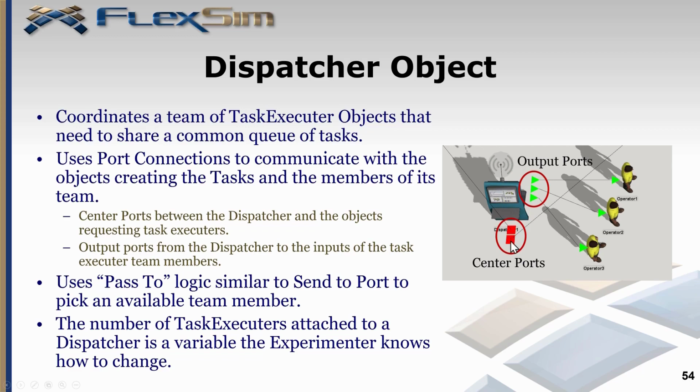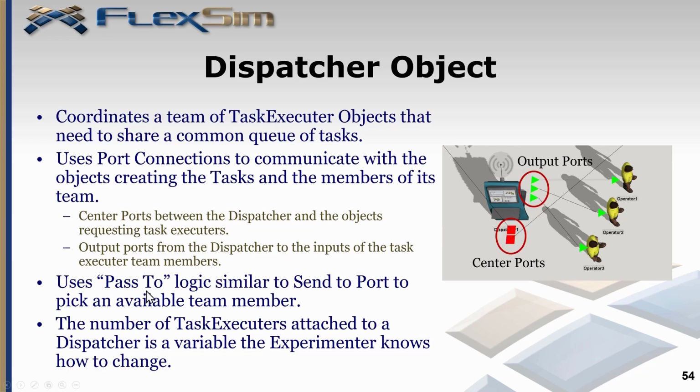Center ports are typically used as connections to those objects that are requesting the task executors, and we've seen that already, but our center ports were connected directly to the operators. Now we're going to connect them up to the dispatcher, send our request to the dispatcher, and let the dispatcher decide who gets the task.